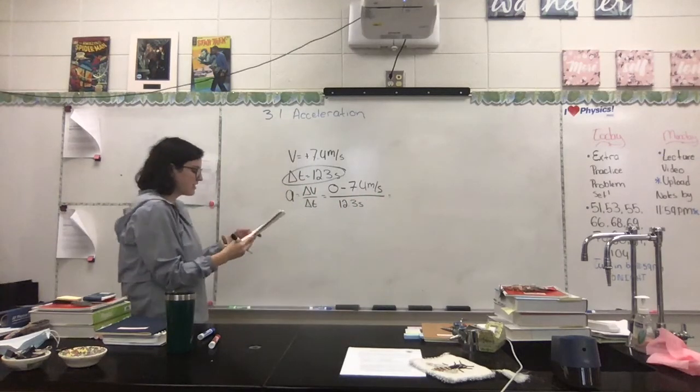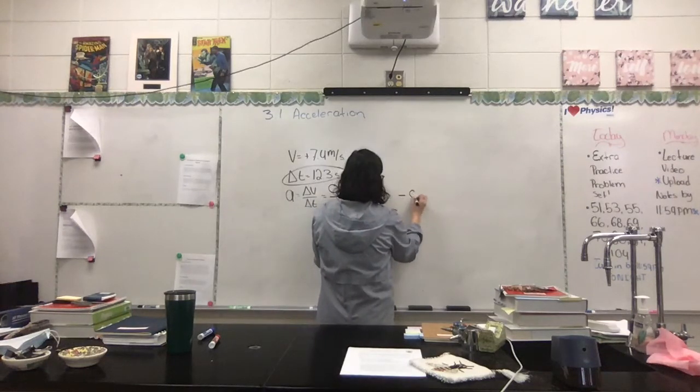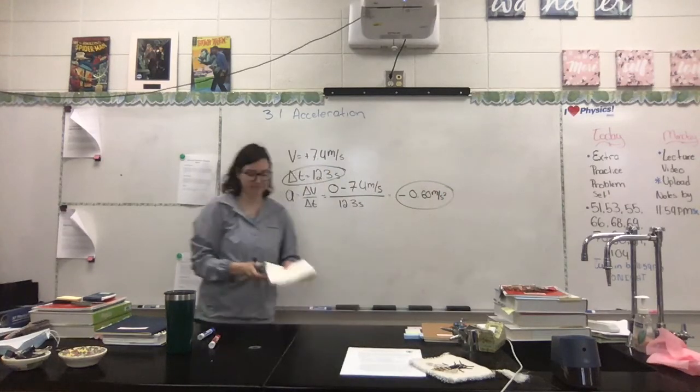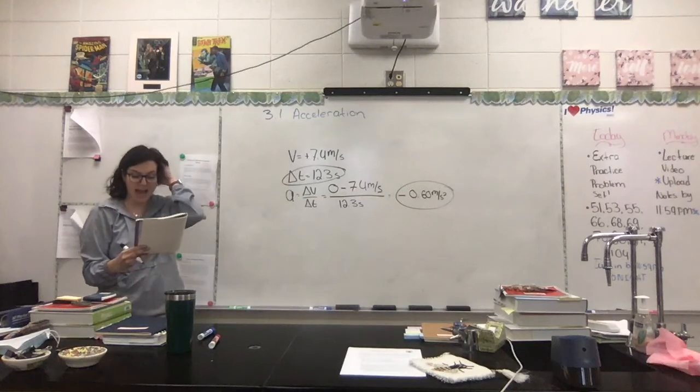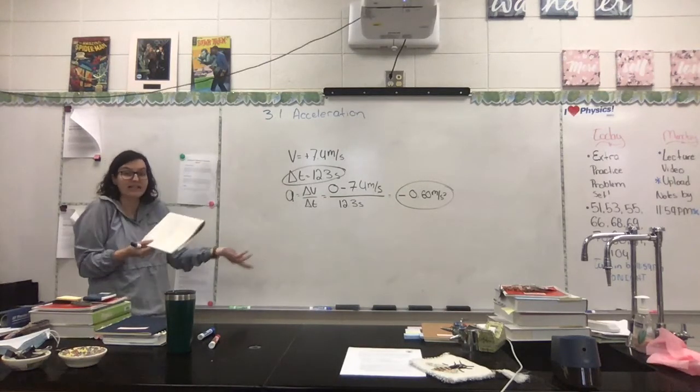So if you type that into your calculator, you should get that the acceleration is negative 0.60 meters per second squared. All right? So that answers part A. If the ferry slows to a stop in 12.3 seconds, what is the average acceleration?